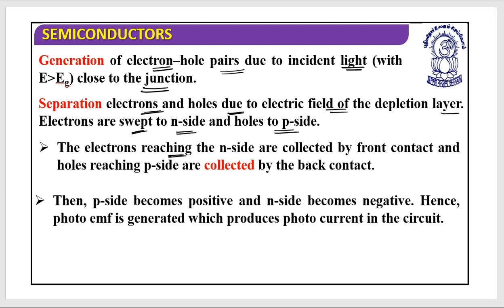The electrons reaching the n side are collected by the front contact, and the holes reaching the p side are collected by the back contact. So the p side becomes positive and the n side becomes negative, so that photo EMF is generated, and this photo EMF can produce a photocurrent in the circuit.